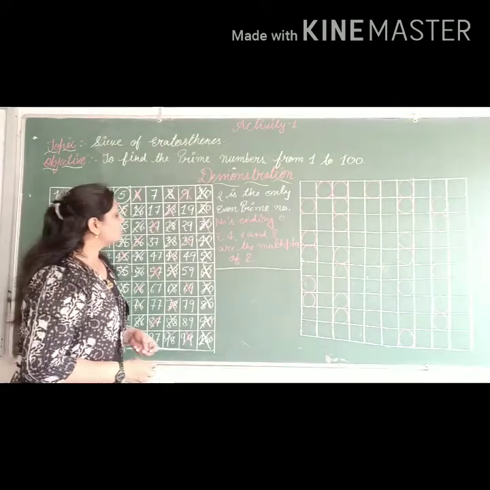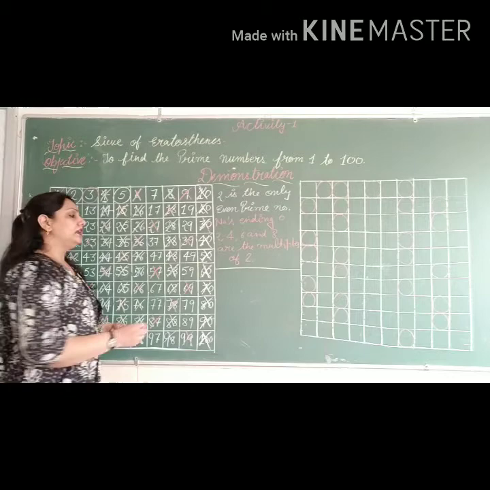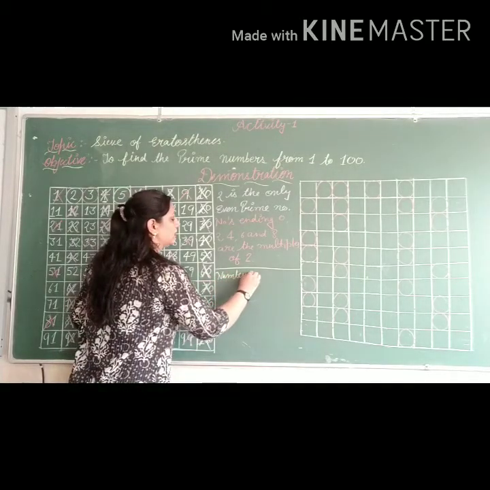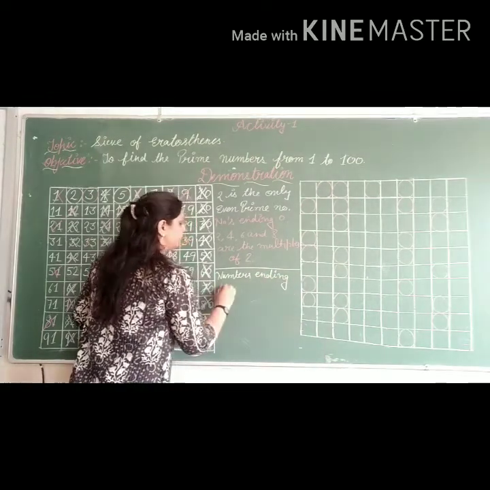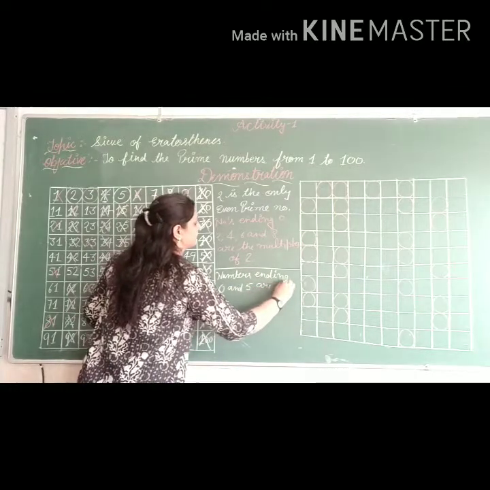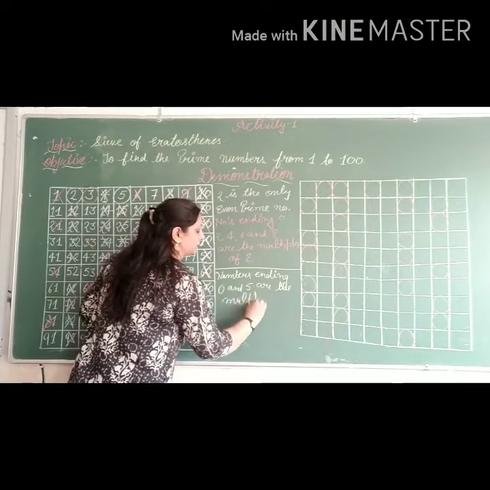Yes, we have crossed all the multiples of 5, and we have observed that the numbers ending in 0 and 5 are the multiples of 5.